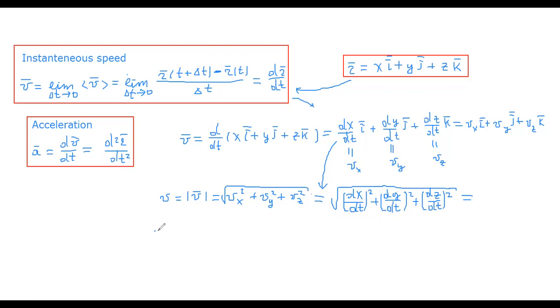We can do it like this: square root of dx squared plus dy squared plus dz squared, and in the denominator we have dt.